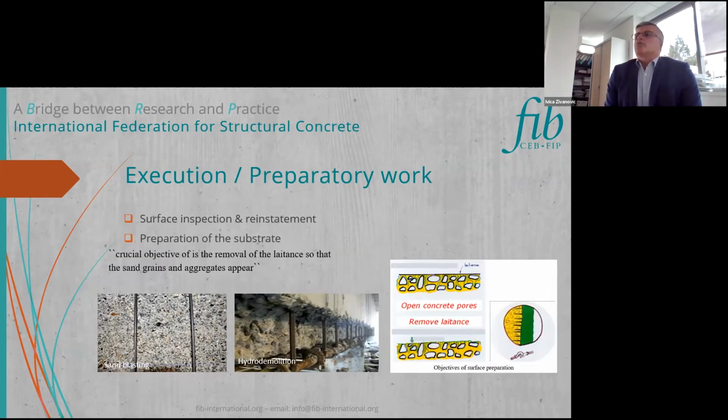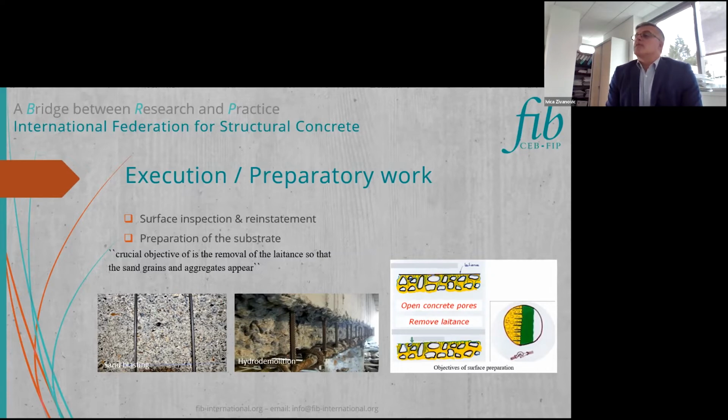Preparation work for execution: the first step is after having well done the analysis of the structure itself and the design carried out. The preparatory work consists of inspecting the surface and reinstating it, to have a well prepared concrete surface.